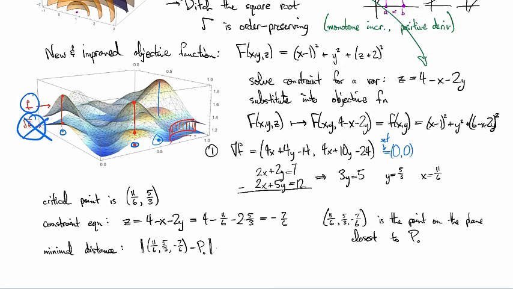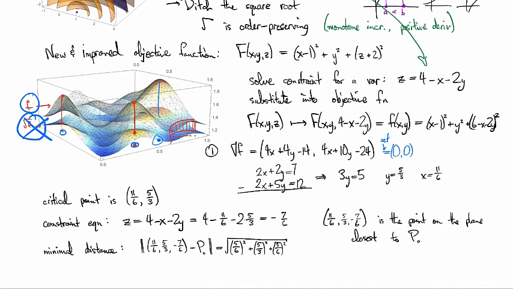And when we do that, the difference in x coordinates is going to be 5/6, the difference in y coordinates is going to be 5/3, and the difference in z coordinates is going to be 5/6.